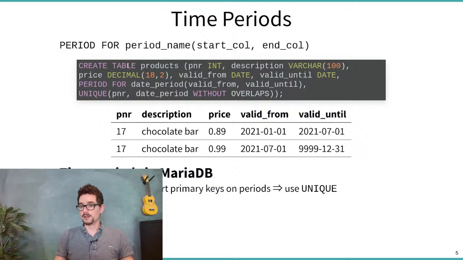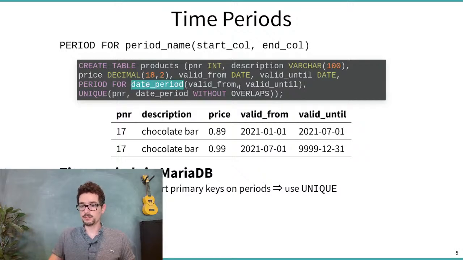Here's now a bigger example. Our products table. CREATE TABLE products. Each product has a product number, then a description, then a price, valid from, valid until, and we define a period for this valid from and valid until and call it date period.